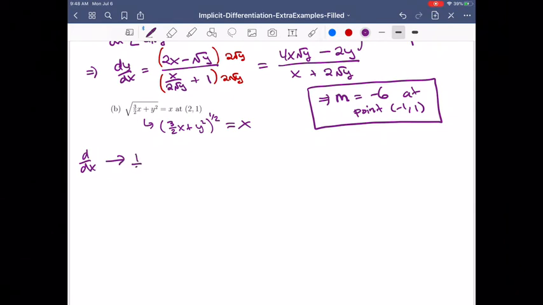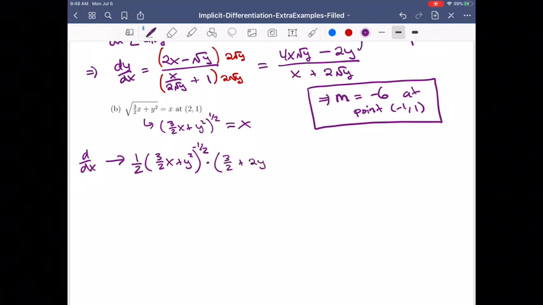So it's going to bring the 1/2 down, leave the inside alone, and it's going to be to the -1/2. And then I have to multiply by the derivative of the inside. So that's going to be 3 over 2 plus 2y times y prime. And that should be equal to 1.